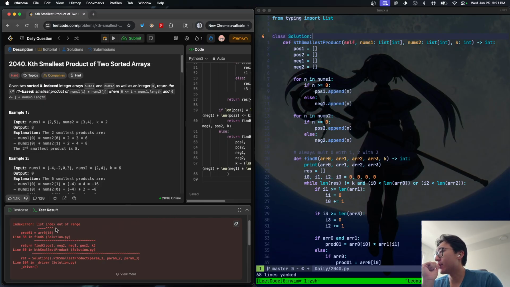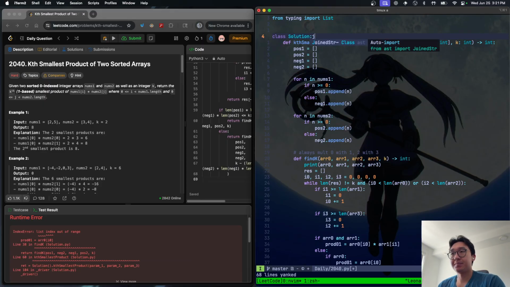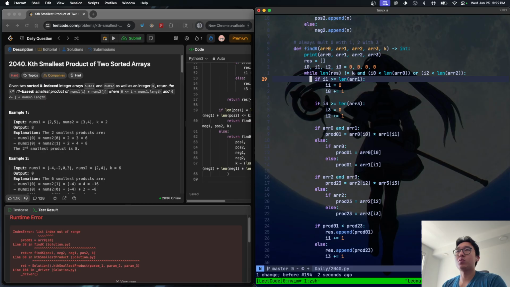Wait, but yeah, R0 should be this. So prob one, array 0, index I 0. Oh, that's why.